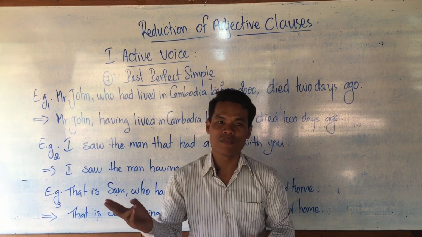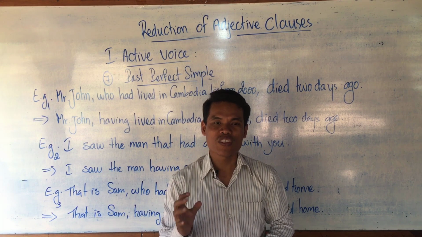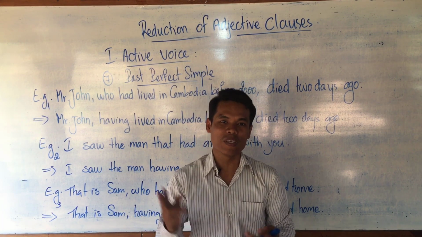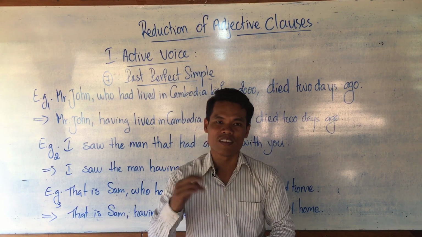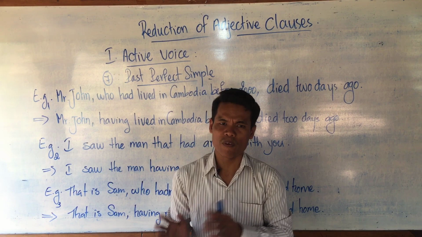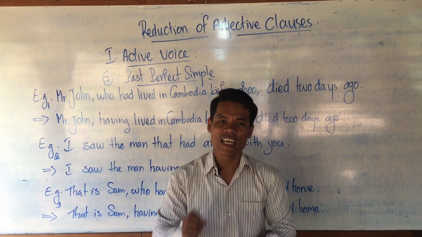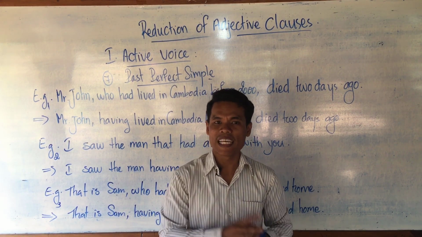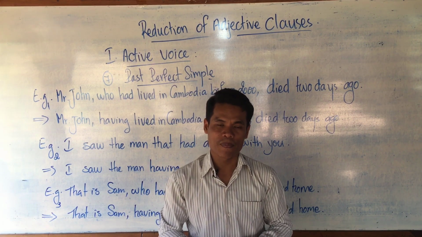Past continuous: we delete the relative pronoun and auxiliary verb was or were, leaving verb-ing. For negative, we delete the relative pronoun and auxiliary verb was or were, then not verb-ing. So for past simple and past continuous, the reduction of adjective clauses is the same. For present simple and present continuous, the reduction of adjective clauses is the same.